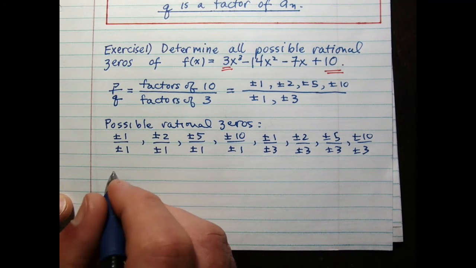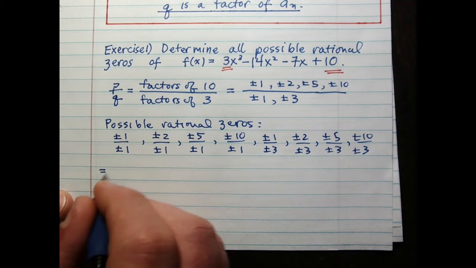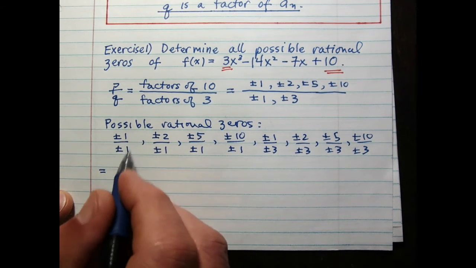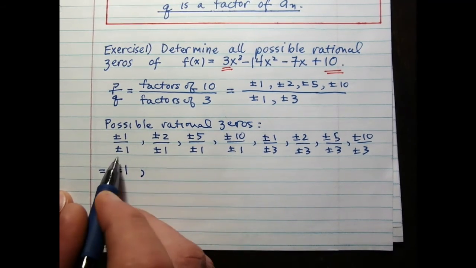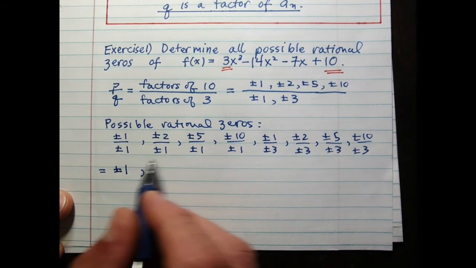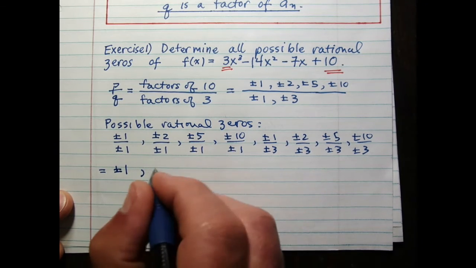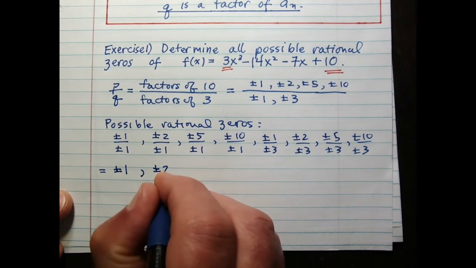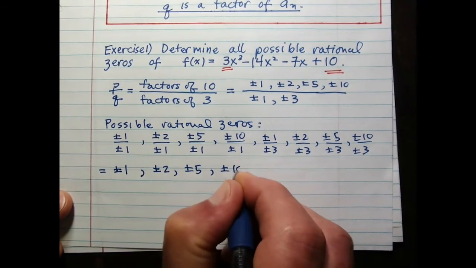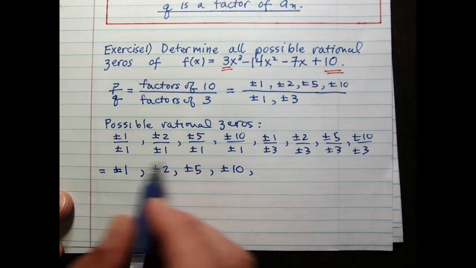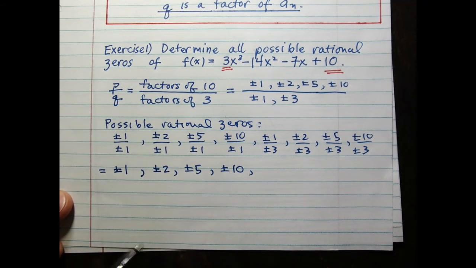Now, I'm not normally going to write it in this way. I'm going to write this down in a simplified way. So plus or minus 1 over plus or minus 1 is just plus or minus 1. In fact, any of these with denominator 1 are just going to be integer values. So I really just could write plus or minus 1, plus or minus 2, plus or minus 5, plus or minus 10. I didn't have to write the denominator, but I wanted you to see the role of that plus or minus 1 in the denominator.